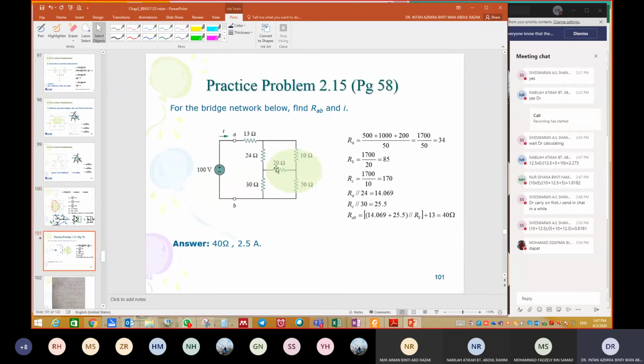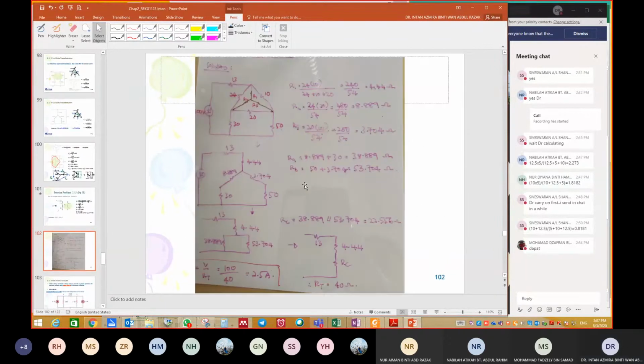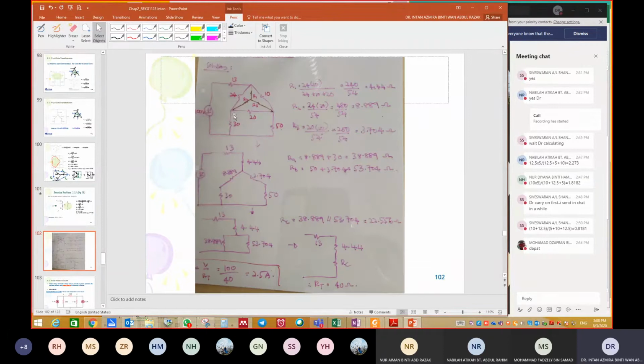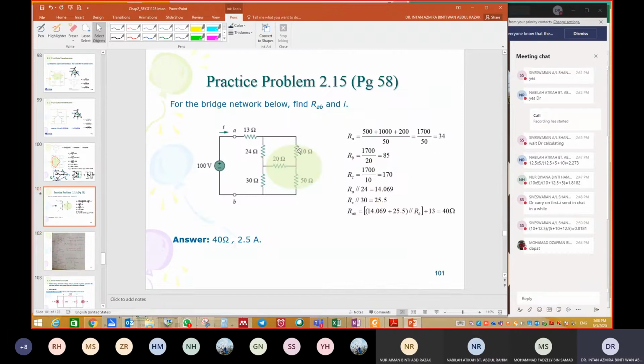Okay, this is another example. Convert this star to delta. This is the solution. Convert star to delta. So we have 13 here, and then we have 24 and 30. Delta to star, this is another.